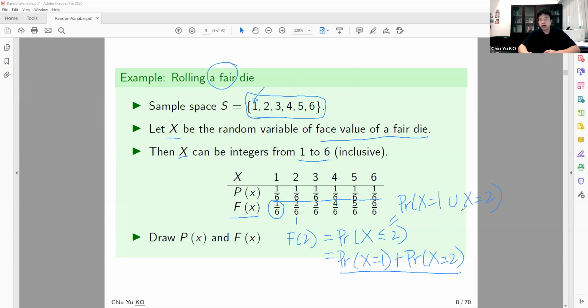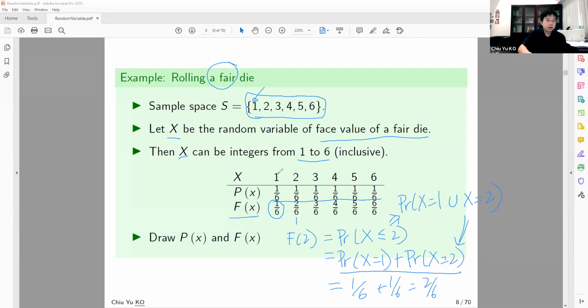Because 1 and 2 are mutually exclusive, you can't have both at the same time, so you can rewrite it as 1 or 2, which is 1 over 6 plus 1 over 6, which is 2 over 6. Same for the rest. Is that clear?